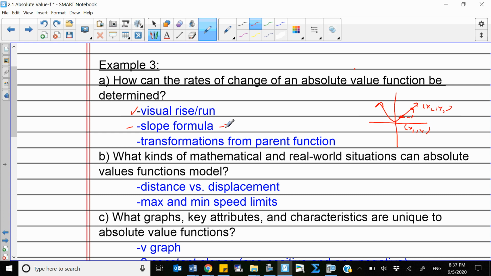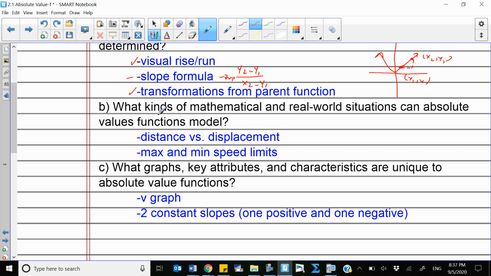The slope formula is y2 minus y1 over x2 minus x1. This will be the slope of the function. So you can either find, if you're given the equation, by finding the coefficient, or if you have 2 points, you use this formula to find the slope. Also, the other way is to check the transformation of the parent function. That will also help you to find the rate of change of your absolute value function.